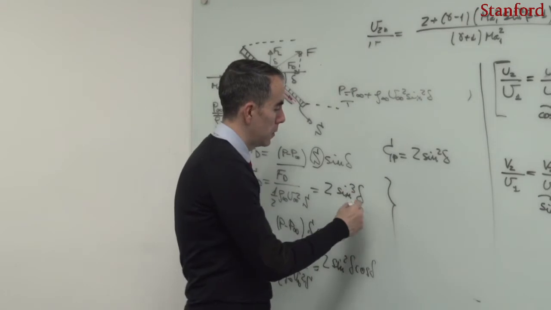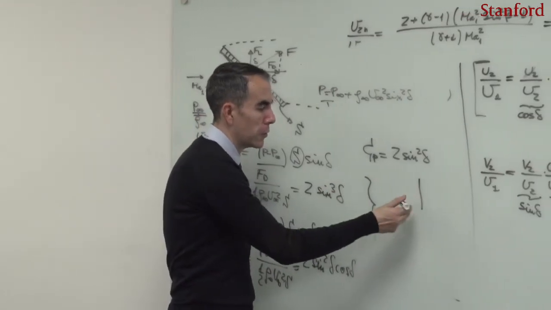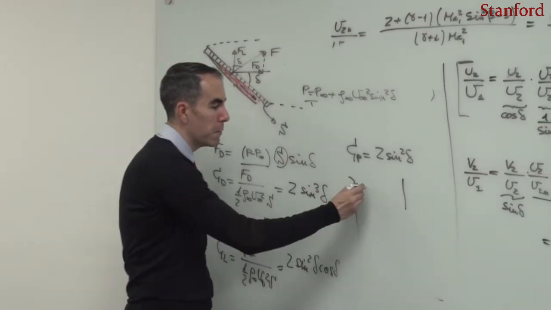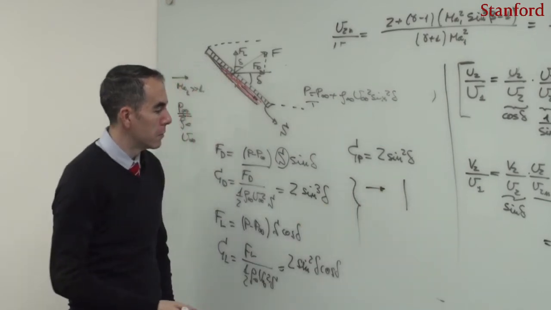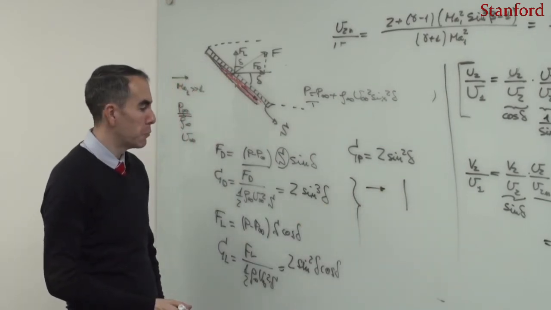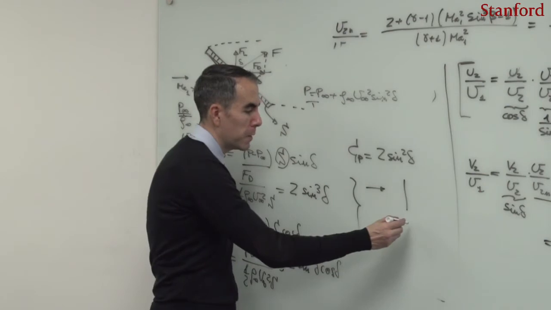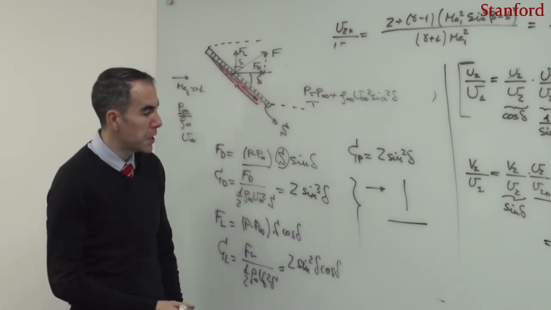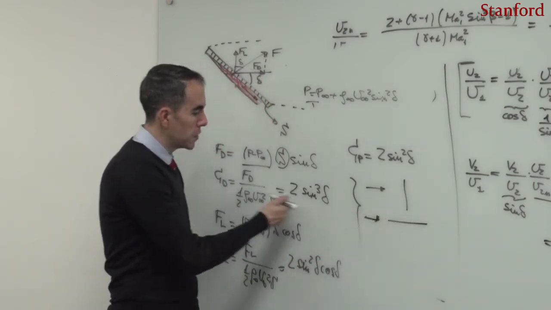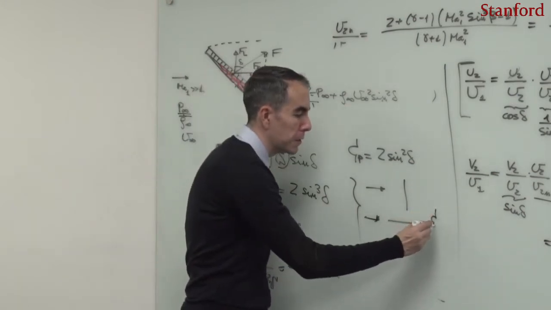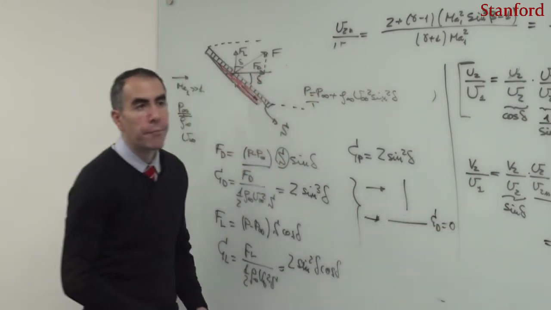So when the plate is normal to the stream, you get a maximum drag. However, when the plate is parallel to the stream, this expression tells me that the drag coefficient is 0.